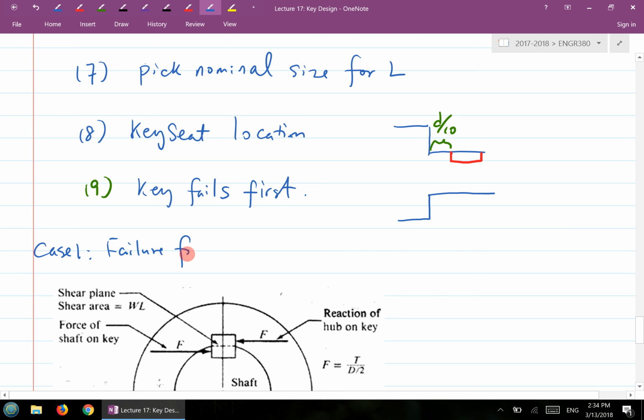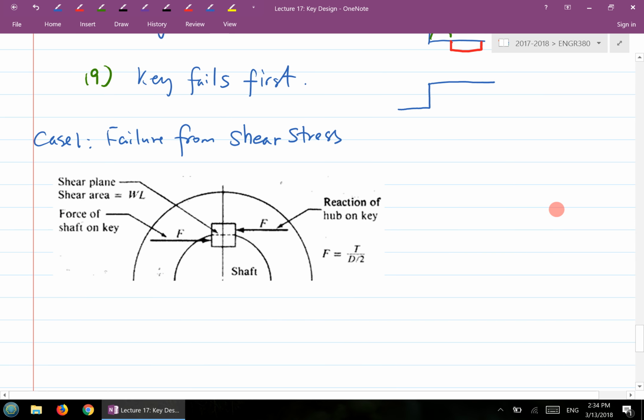This one I will call the failure from shear stress. Here's an illustration of what we mean by failure from shear stress. You have a shaft over here, and then you have a key between the hub and the shaft. The top one is the hub, and this is the shaft. So there's a certain amount of torque being transmitted.